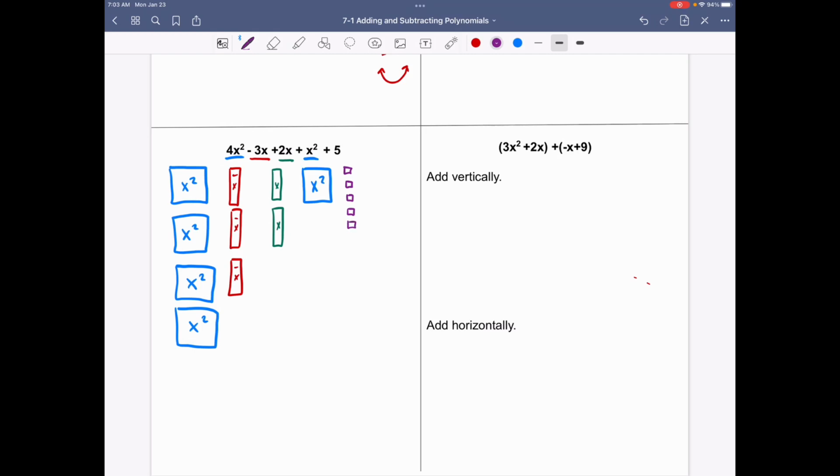Now we just need to collect like terms. So the first one is easy, the x squareds, and we put the highest degree first. That's called standard form. So in standard form, we have 5x squared. Then we need to make our 0 pairs. So we have an x and a minus x. Those cancel, an x and a minus x, leaving us with just minus x. Then we have our 5 singletons, so our constant of 5.